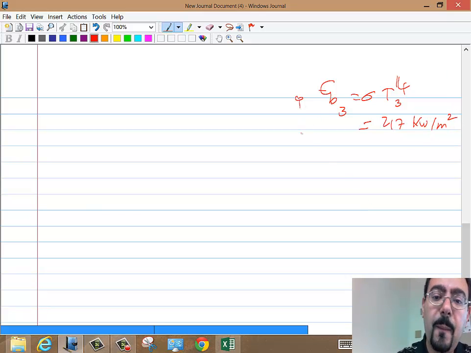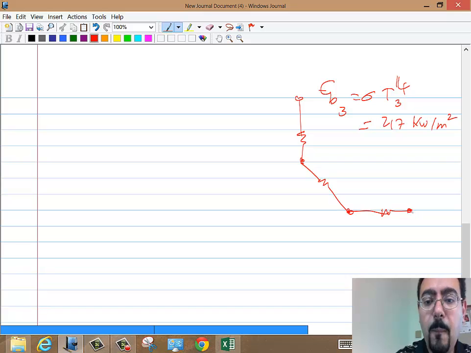All right? And then this is EB2, and it's sigma T2 to the power 4, and it's 473 kilowatt per meter square.